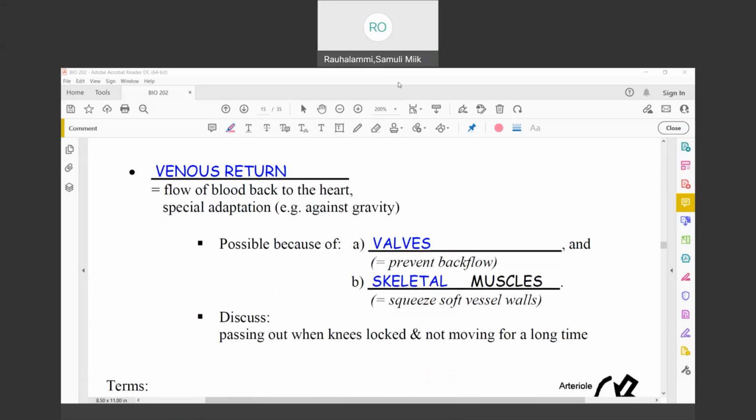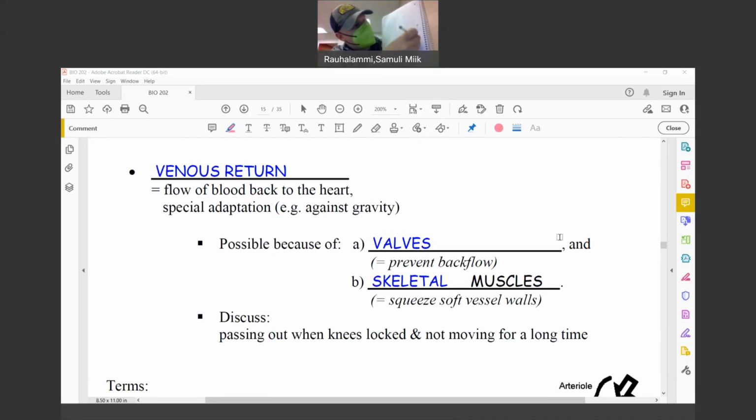So there's going to be three things that I want to highlight when we discuss that. Well, the first thing is that the veins, their walls were much thinner than what we saw with our arteries. So thin-walled veins. And because the veins have thin walls, all of the skeletal muscles that are around them can really easily squeeze these veins.